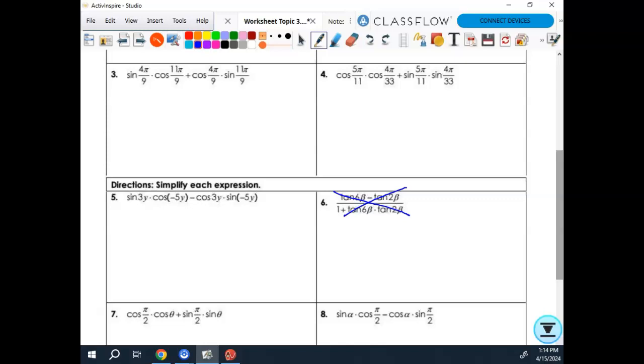Instead, I see the pattern for a sum or difference, so I'm going to write it as a sum or difference. First of all, would this one be a sine or a cosine? Sine, okay? So I'm going to have the sine of, and then my alpha would be 4 pi ninths. My beta would be 11 pi ninths.